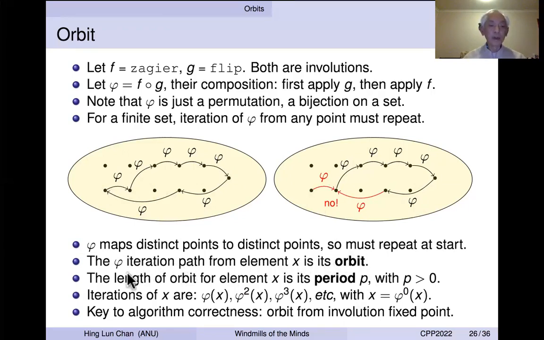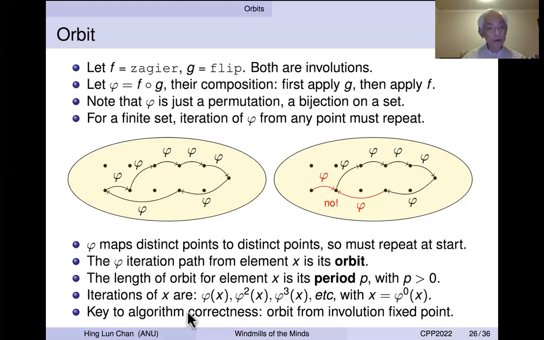The length of the orbit is called the period, and the period is always bigger than 0. The iterations are written in this form: phi x for once, phi squared x for doing twice, and if you do it 3 times, then it is phi to the power 3. And by convention, we denote the very first one by phi to the power 0, where it is not changed.